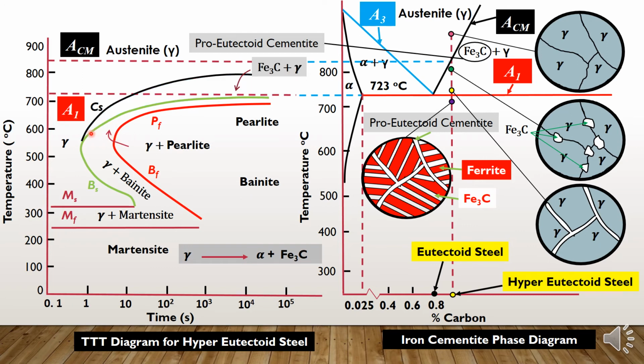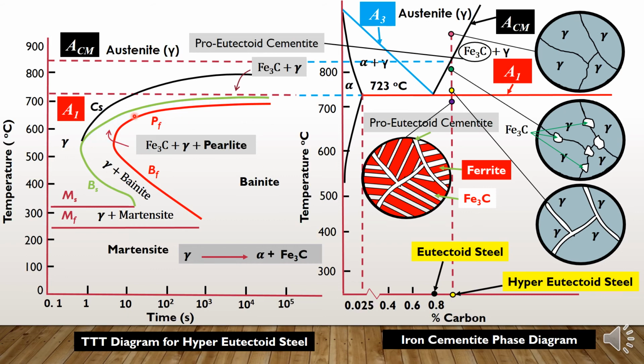As this green line indicates the start of pearlite transformation from austenite, the region next to this line should also contain pearlite. That is why the upper region between the red and green line would consist of three main phases, and those are pro-eutectoid cementite plus austenite plus pearlite.